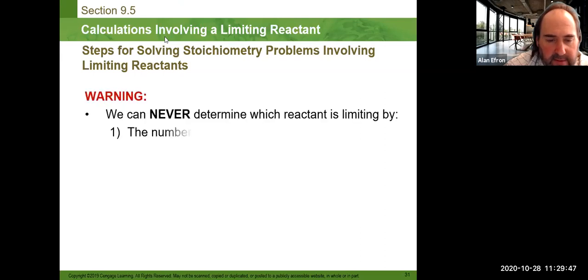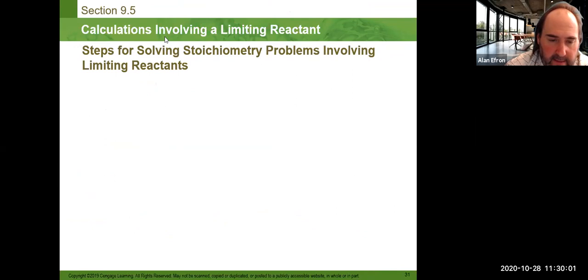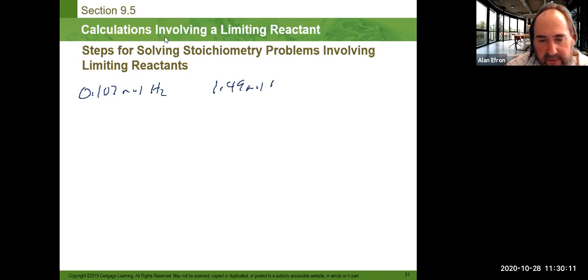In this particular case, we have 0.107 moles of nitrogen we're starting with, and we have 1.49 moles of hydrogen. So we have 0.107 moles of hydrogen we began with, and we have 1.49 moles of nitrogen.